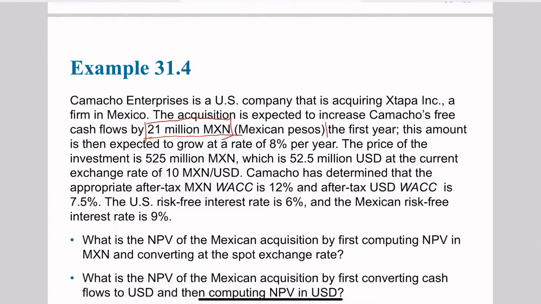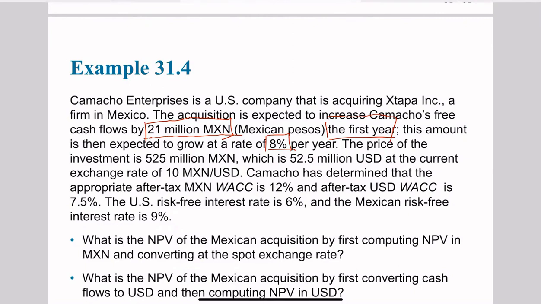This should be pretty easy because we know that the free cash flow in the first year would be 21 million Mexican pesos. And then the growth rate is 8%. And we also have the cost of capital in Mexico. It's 12%. Right?